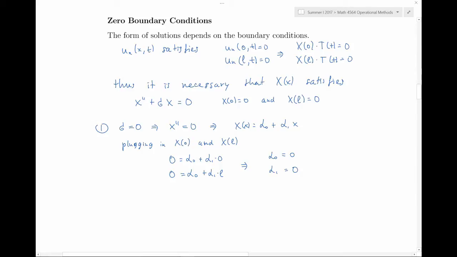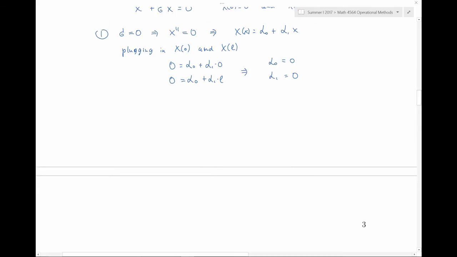Therefore, we don't get any solutions that are non-trivial. Yes, in the case when L is 0, there are free variables in this linear system. But the case when we consider a rod of length 0 is kind of nonsensical and not very interesting at all.